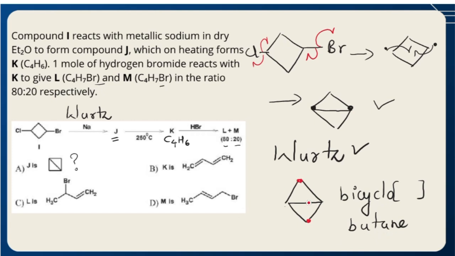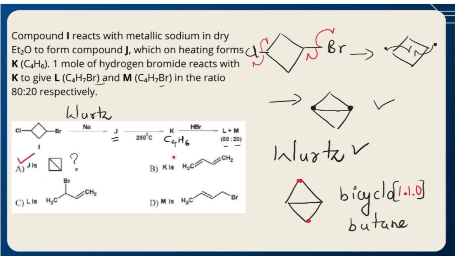So in order to understand that, from this side we have one carbon. From this side we have one carbon. Between these two there are no carbons. Therefore we write it as 1.1.0 in that decreasing order. Therefore the name of this molecule is bicyclo 1.1.0 butane. Option A is correct option.